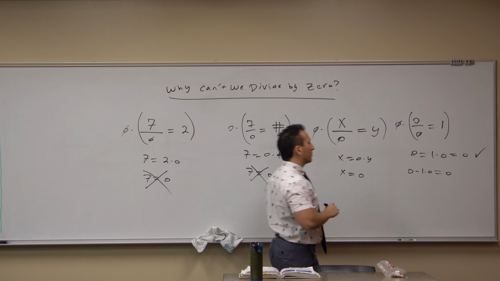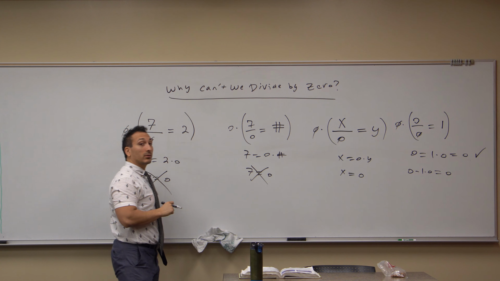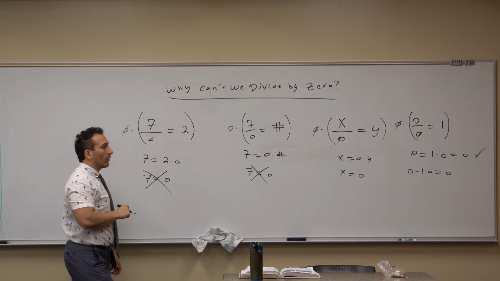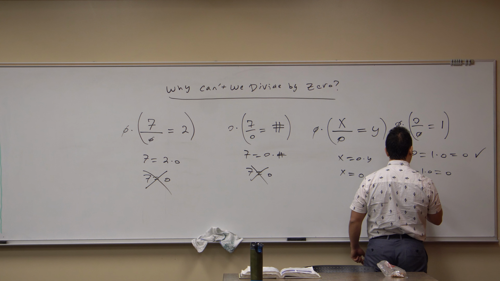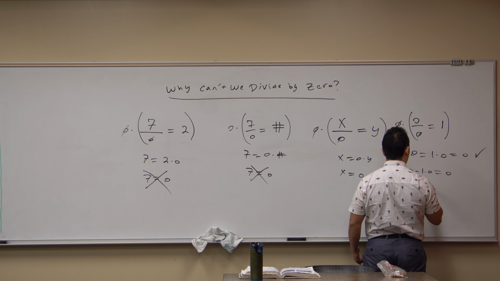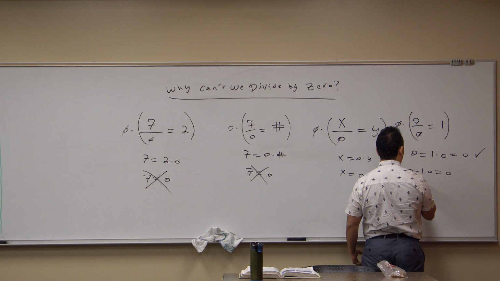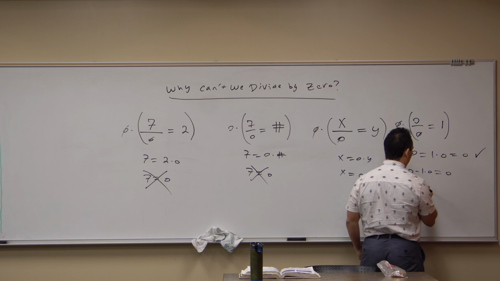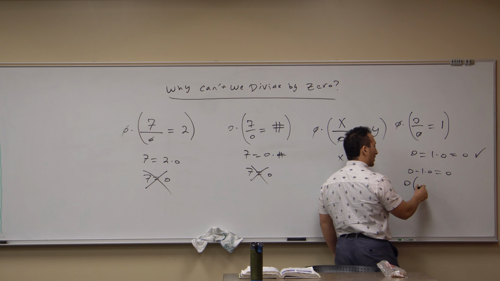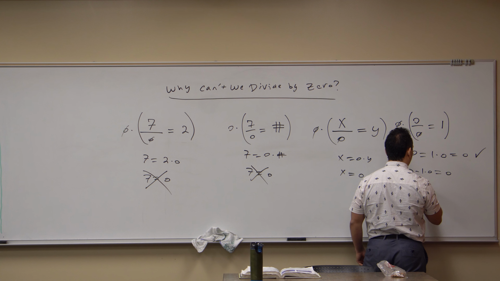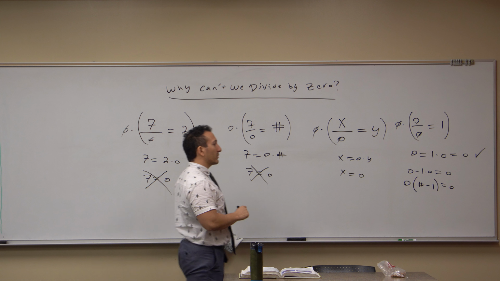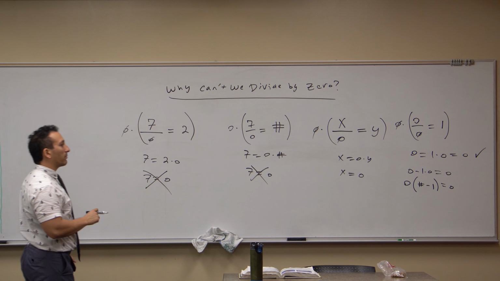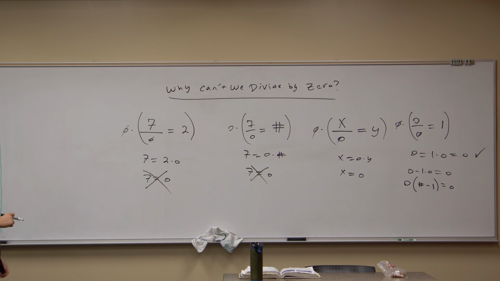So I get 0 minus 1 times 0 is equal to 0, correct? But then I can factor out a 0. When I factor out a 0, any number could go in this place, and that number times 0 would restore the factorization. So I have 0 times (any number minus 1) is equal to 0, which is true.